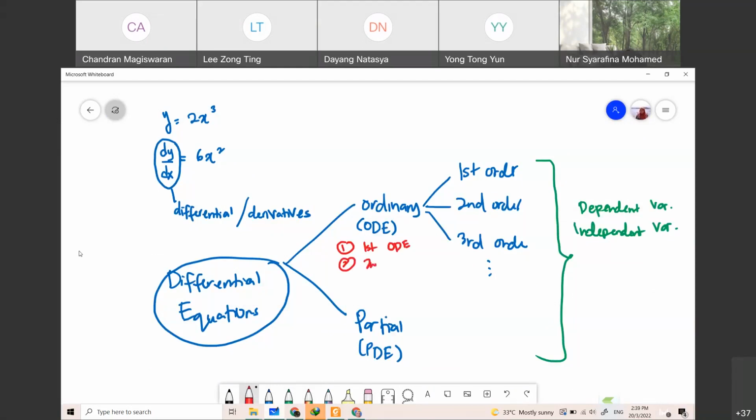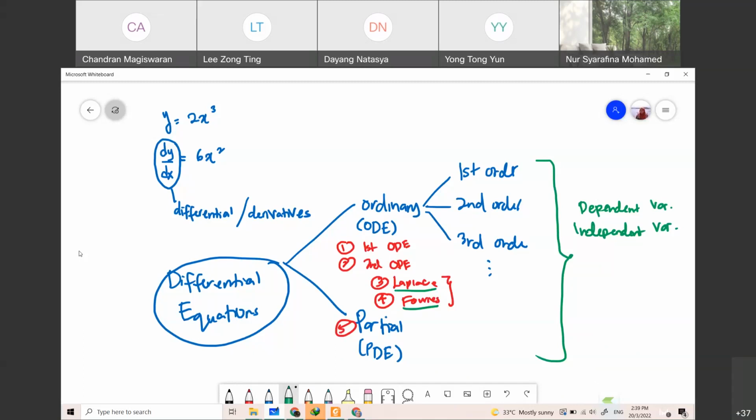Second chapter, second order ordinary differential equation. The third and fourth chapters are about the transformations, Laplace and Fourier. And the fifth chapter is partial differential equations. Why do we need these two first before we proceed with partial? Because in order to solve partial, we need to know how to transform first. So this is the summary of this course.